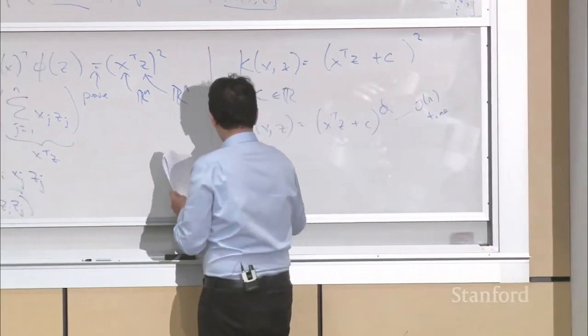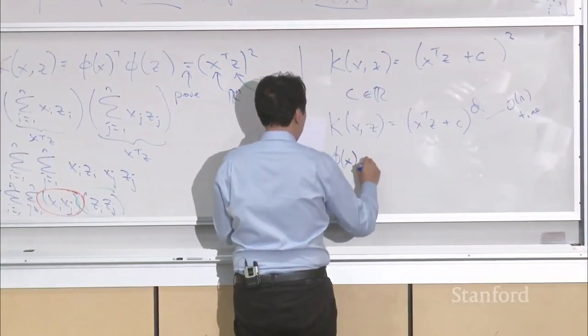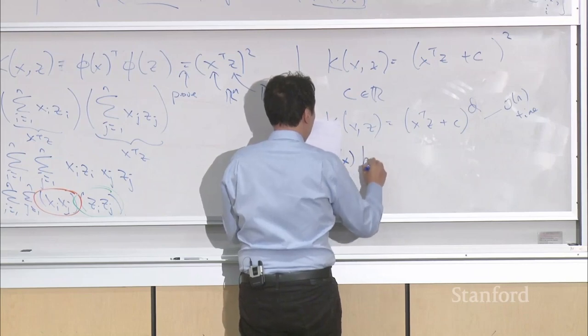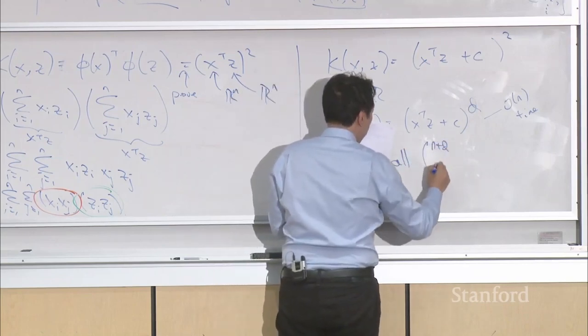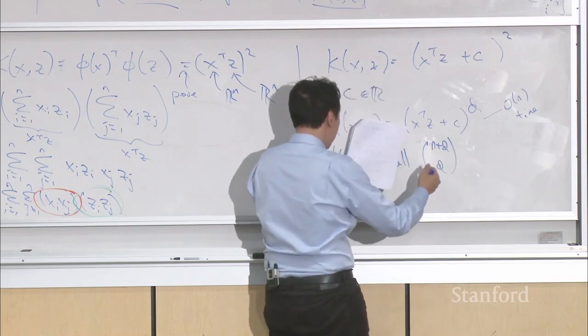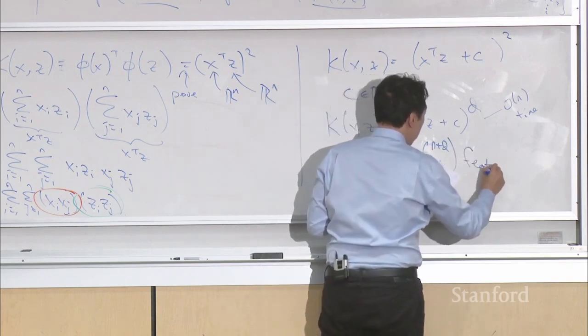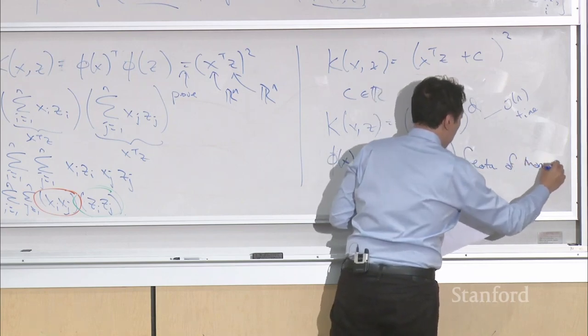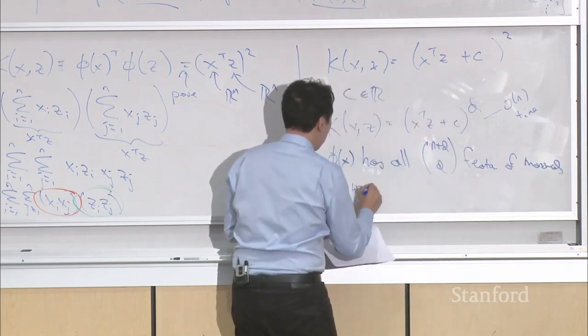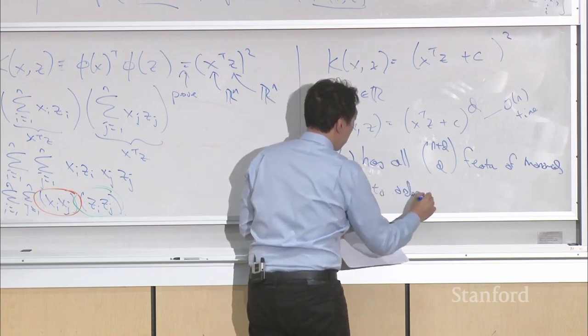But this corresponds to now phi of x having all, the number of terms turns out to be n plus d choose d, but it doesn't matter. It turns out this contains all features of monomials up to order d.